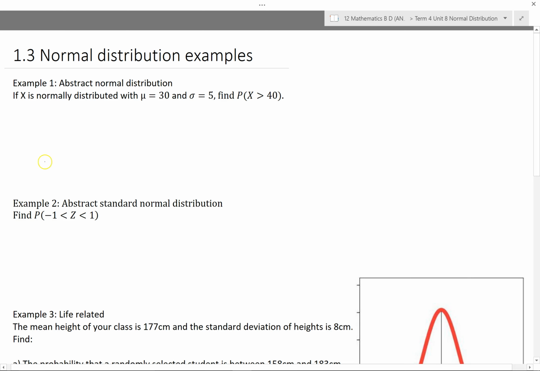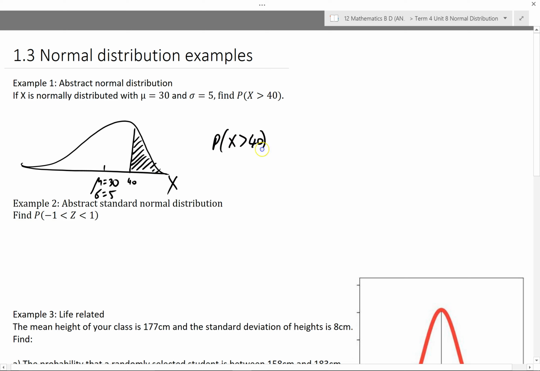If X is normally distributed with a mean of 30 and a standard deviation of 5, find the probability that X is greater than 40. I'm trying to find the probability that X is greater than 40.